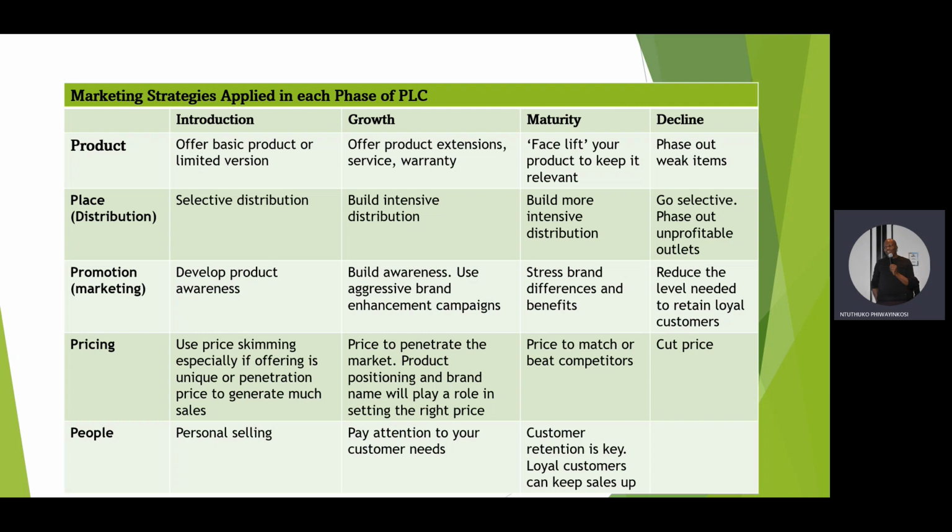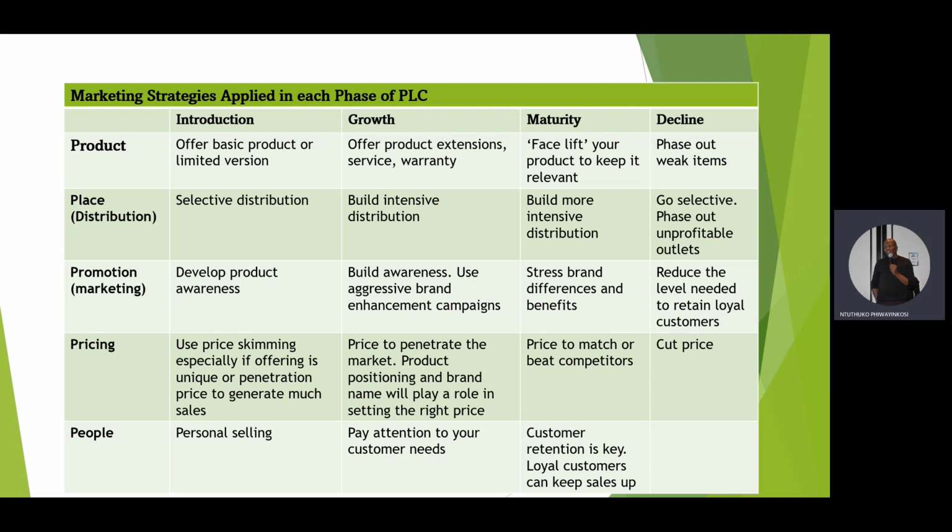And also, under growth, you are pricing to penetrate the market. Product positioning and brand name will play a role in setting the right price. Just imagine the township clothing brands. They come to the market offering something different, but for now their brands are not well established.